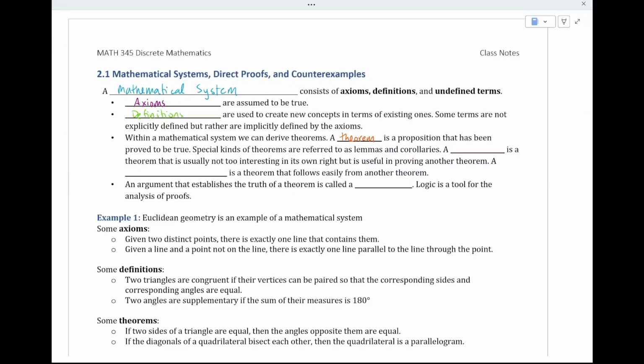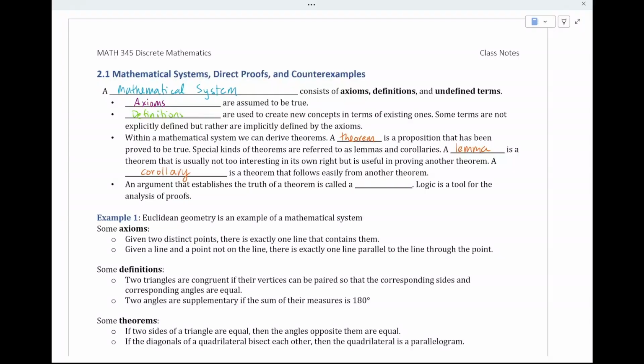There are two special types of theorems, lemmas and corollaries. A lemma is not a very interesting theorem in its own right, but it can be used to prove a more important theorem. From that more important theorem, we can have several theorems that follow easily or directly from it, and those are called corollaries.